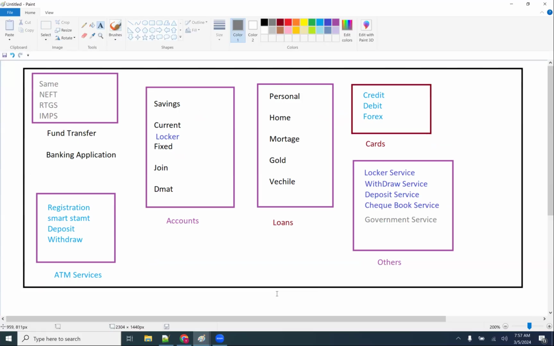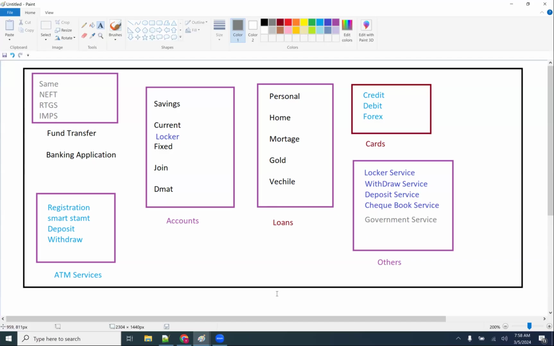Now the next point is, can I divide these things into subdomains? Can I link any common, similar services here? Are any common services available in this list?